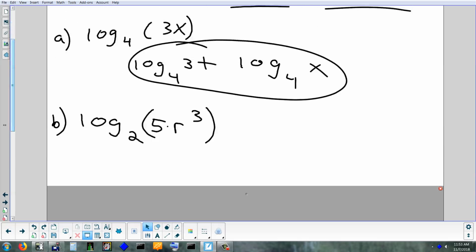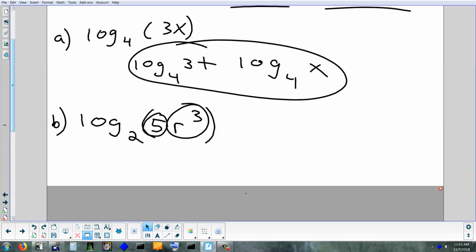Okay, let's try one like this. Log base 2 of 5 times r cubed. So Madison, when we split that up, is it going to split as a sum or difference? A sum. Yeah, it's going to be a sum. It's still something times something.